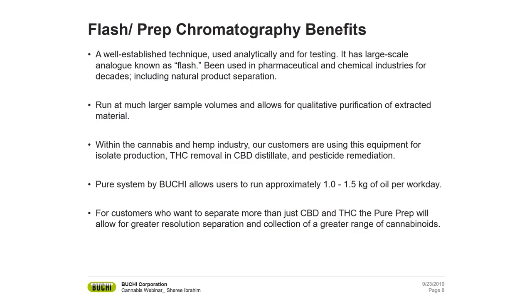So for customers who want to separate more than just CBD and THC, we recommend the Pure Prep, as it allows for a greater resolution separation and collection of a greater range of cannabinoids. But if you're just looking to separate CBD or THC, flash chromatography is just fine.